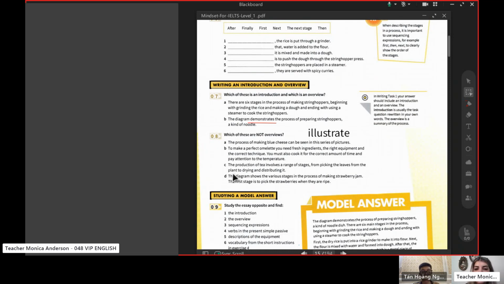And the last one? The diagram shows the various stages in the process of making strawberry jam. The first stage is to pick the strawberries when they are ripe.